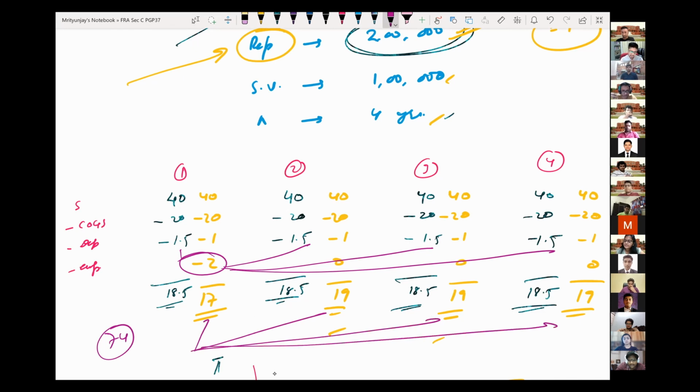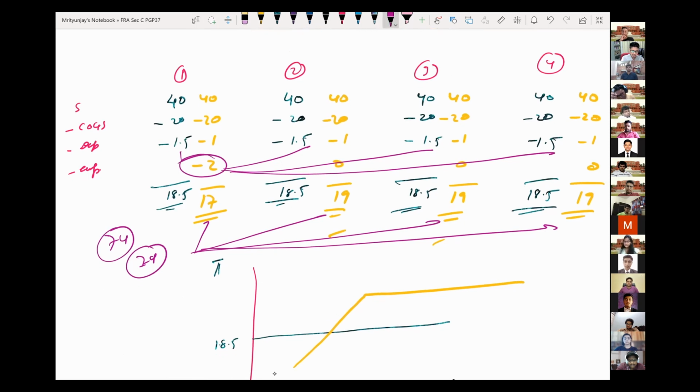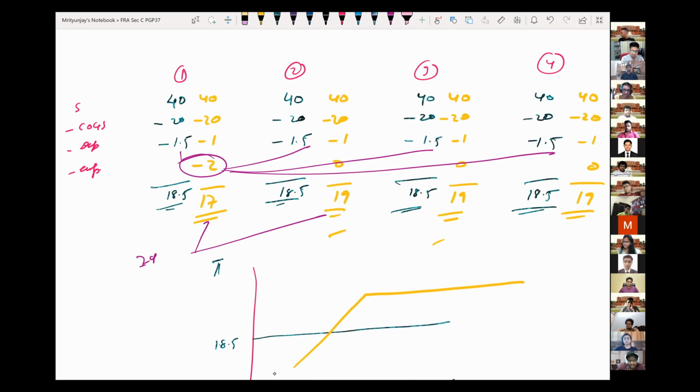Same 74. So basically overall profit over the 4-year period is the same. It's just that the timing is different. In one system, you are showing that every year I made the same profit. In the other system, you are saying that in the first year we did somewhat badly, but from the second year onward, our performance improved.